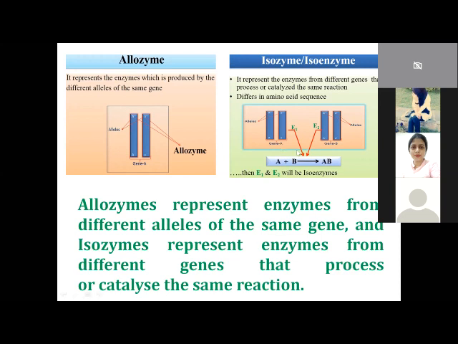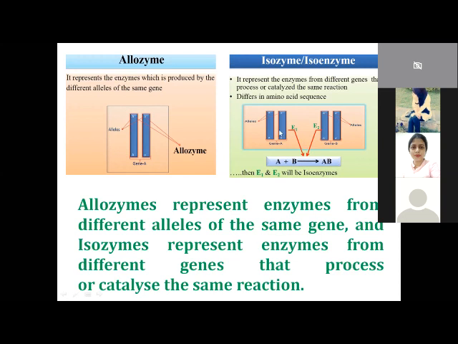Here they are catalyzing the same reaction, the conversion of A plus B into AB. But you see, E1 is coded by gene A and E2 is coded by gene B. The function of E1 and E2 is the same: E1 catalyzes the conversion of A plus B into AB, and E2 also catalyzes the conversion of A plus B into AB.